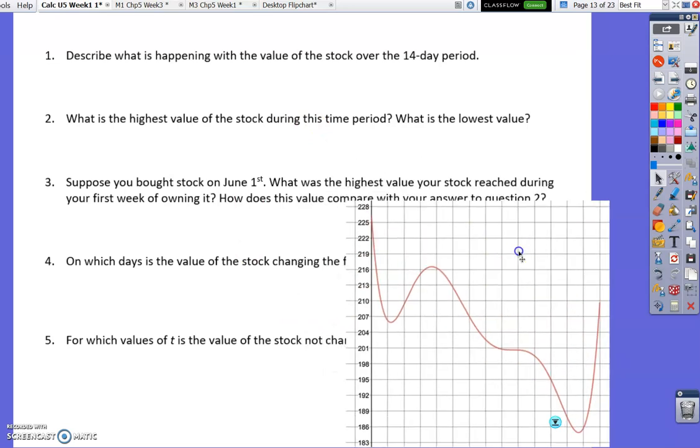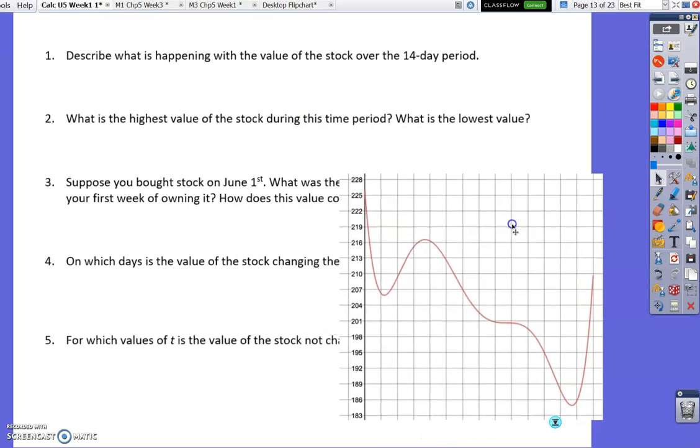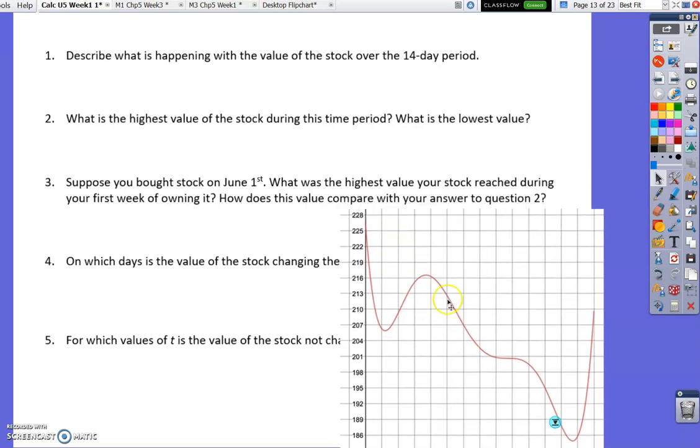So this is over a 14-day period. If you bought it on June 1st, that's because it was May 31st, right? This is that day. So if I buy it on June 1st, I bought it here. Does that change the highest value? Well, yeah, it does. Now my highest value is here, and so it changes where it's worth.